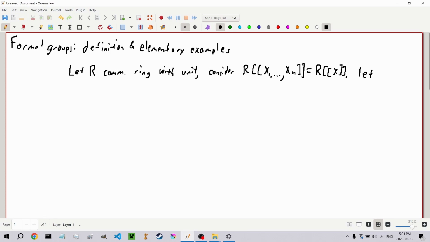We're going to let y be a vector essentially of n variables.